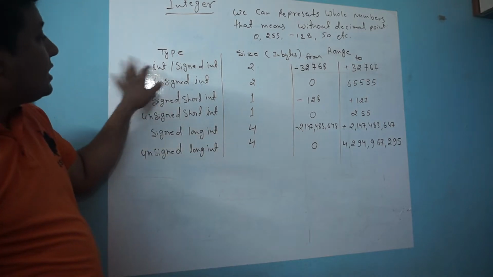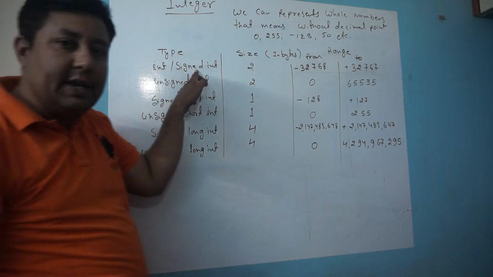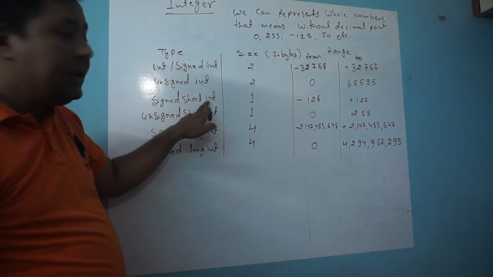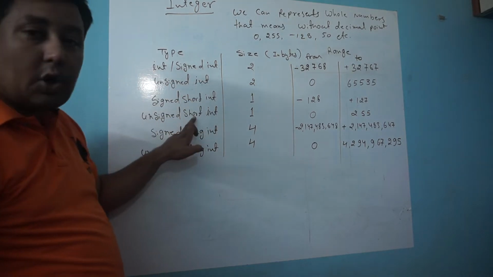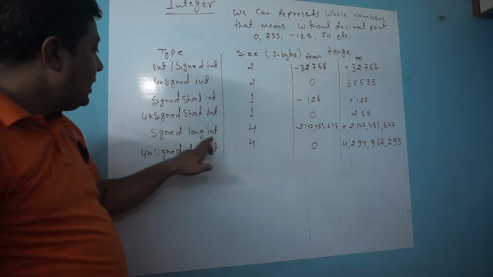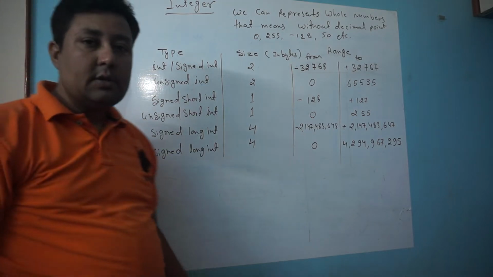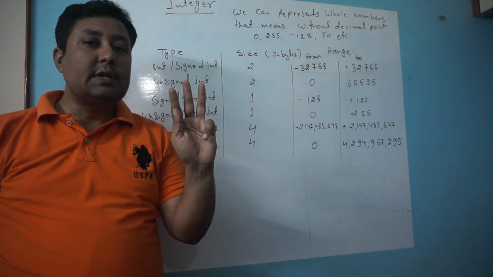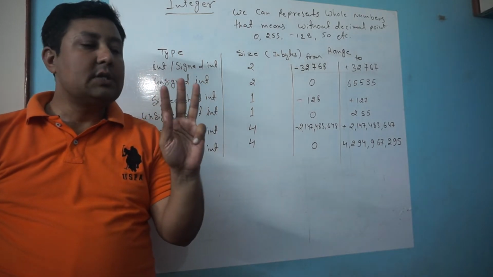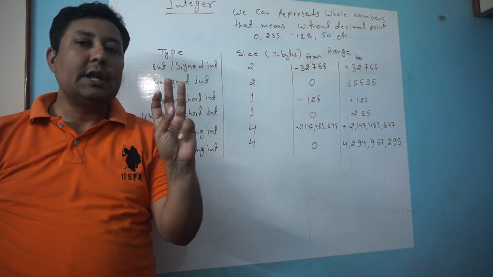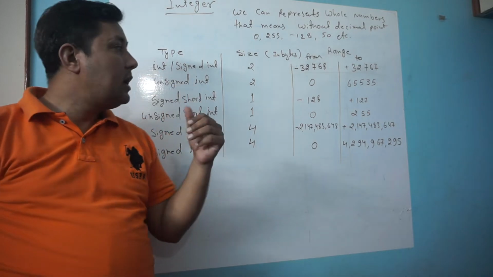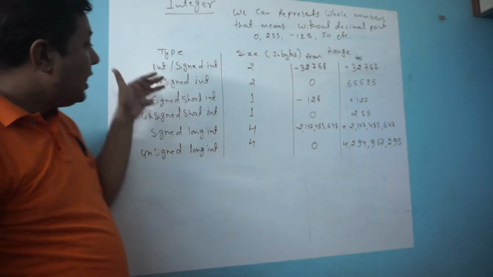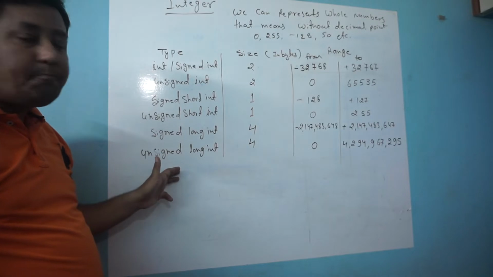That is signed integer, unsigned integer, signed short integer, unsigned short integer, signed long integer and unsigned long integer. So basically there are three types of integer we can express, that is integer, short integer and long integer, and according to their nature of being signed or unsigned, they are categorized into 6 categories.